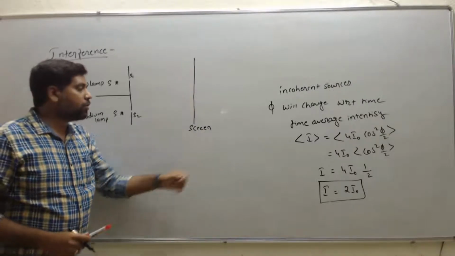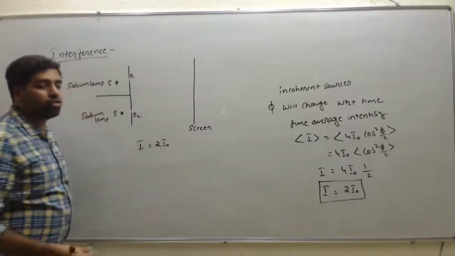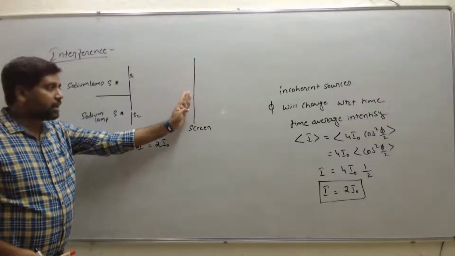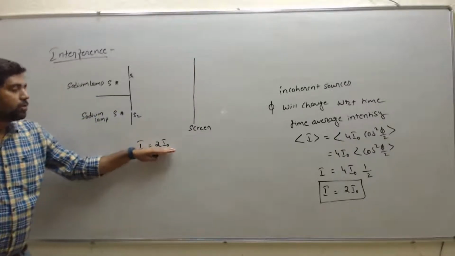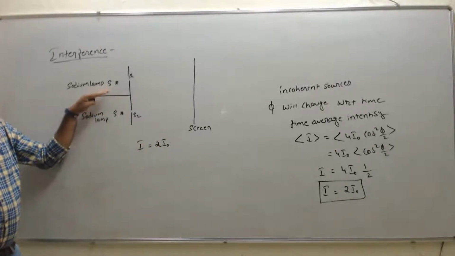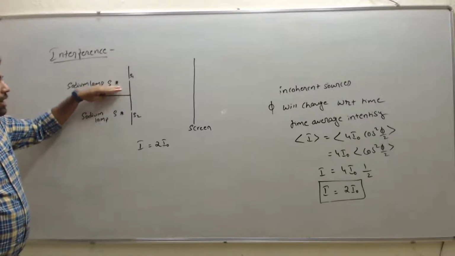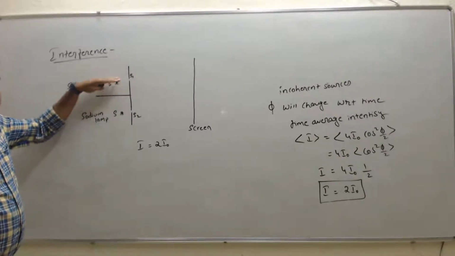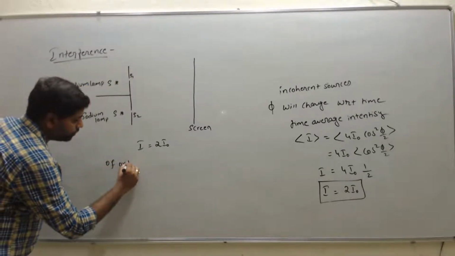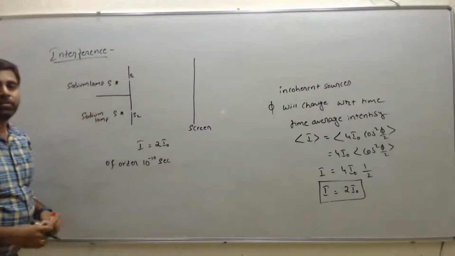This is because the intensity adds up, I equals 2 I naught, so we see no pattern on the screen. For the sodium lamp, the phase difference changes with respect to time, of the order of 10 to the power of minus 10 seconds.